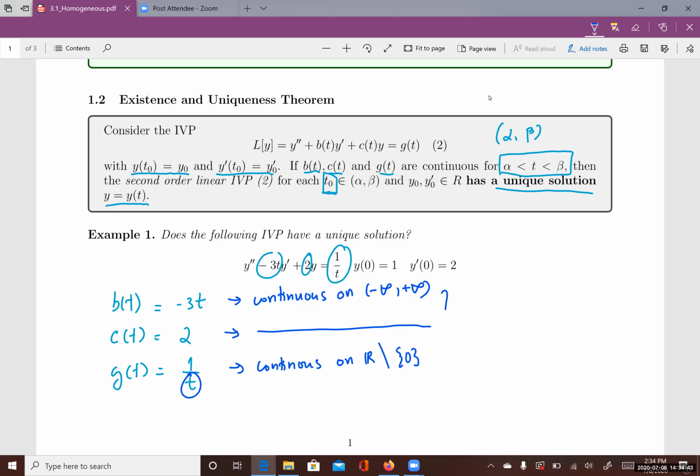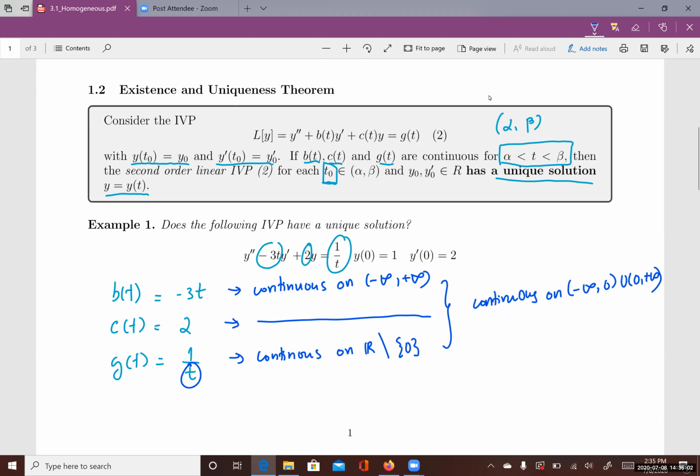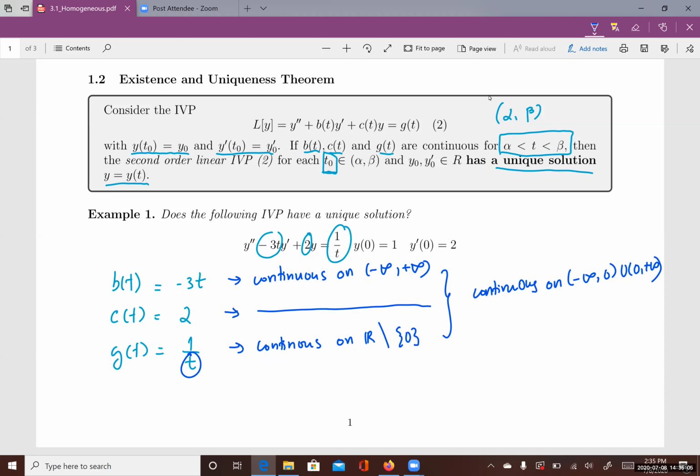If we combine all of this together, these three functions are continuous everywhere except 0. Using interval notation, they are continuous on the interval from negative infinity to 0, union 0 to positive infinity.